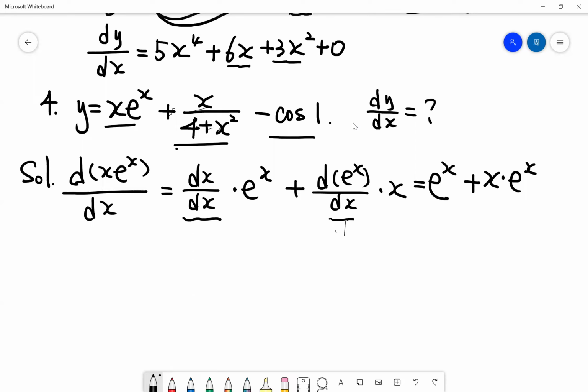And then we calculate the second part here. That is d by dx of x by 4 plus x squared.